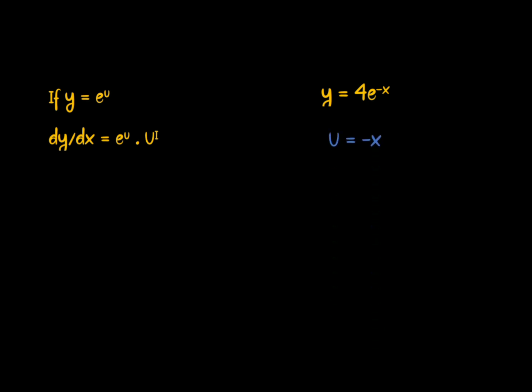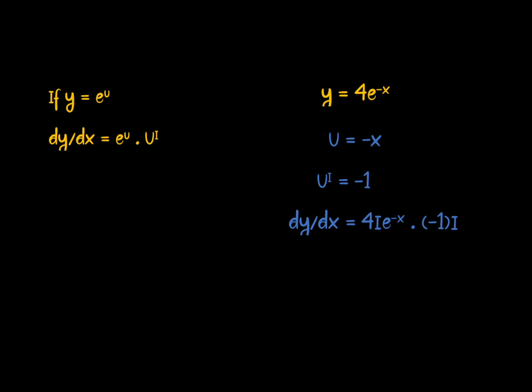Okay, so that means we recognize our u to be minus x, the power of your exponential function. So if u equal to negative x, then our u complement is going to be minus 1. Okay, if you differentiate minus x, you're going to get minus 1. And then the dy/dx in this case is going to be 4, which is the coefficient from the question, in a bracket.